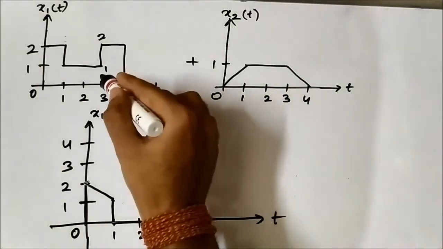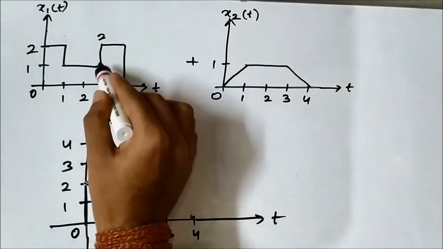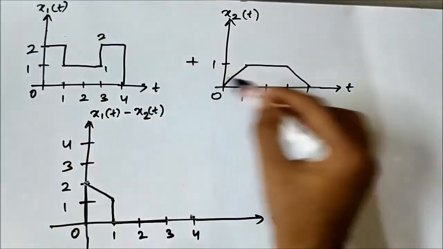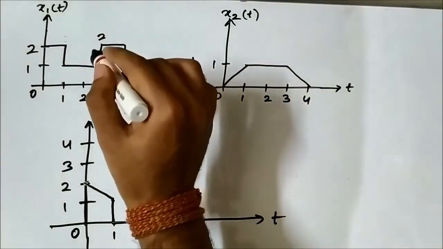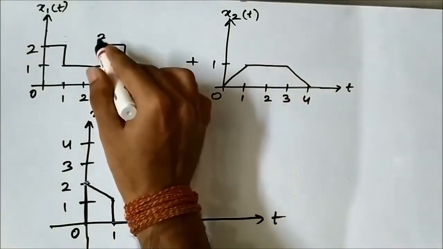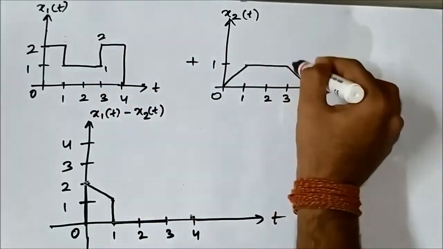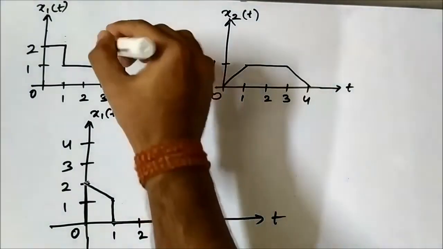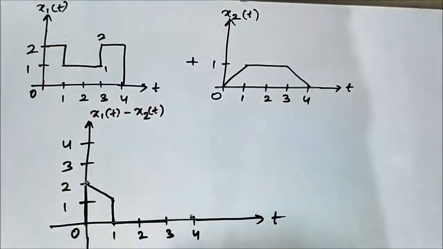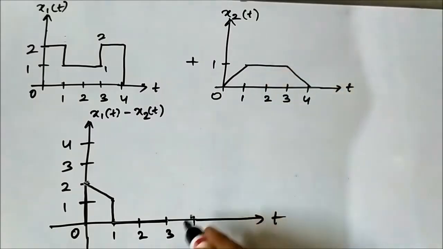Then again at 3, there is a sharp upward transition from 1 to 2 in case of x1(t), but here x2(t) is still 1 at t equals 3. So we have to consider both the values. For 1, 1 minus 1 is 0. Then for this 2, it will be 2 minus 1, which is 1.